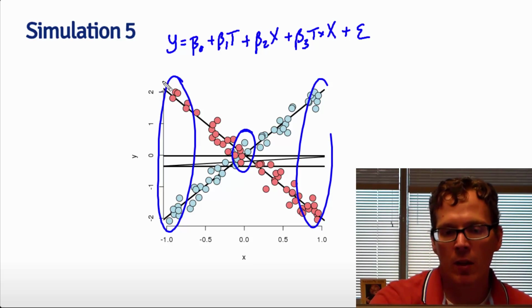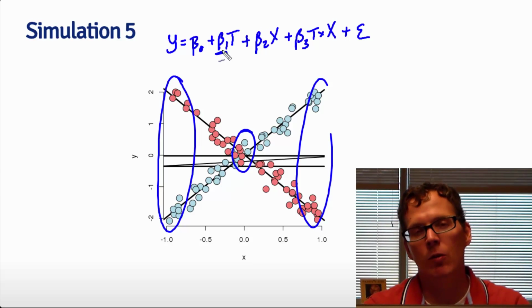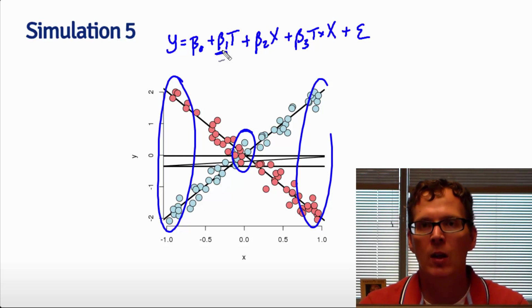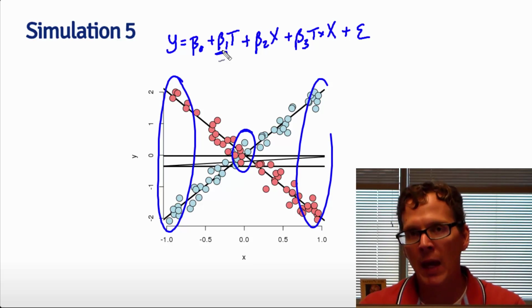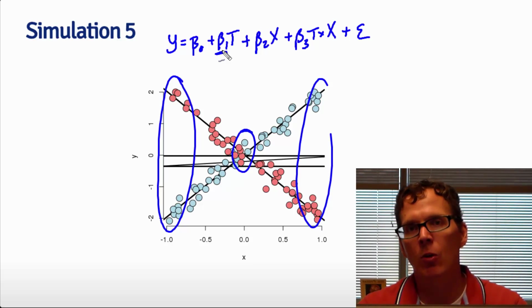The end result is that this coefficient, the coefficient in front of the treatment effect, which R just spits out, of course, is not interpreted as a treatment effect by itself. You can't interpret that number as a treatment effect. As we can see from this picture, there is no such thing as a treatment effect for this data. The treatment effect depends on what level of X you're at.